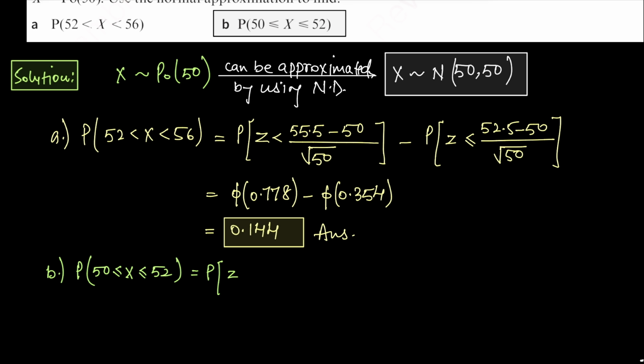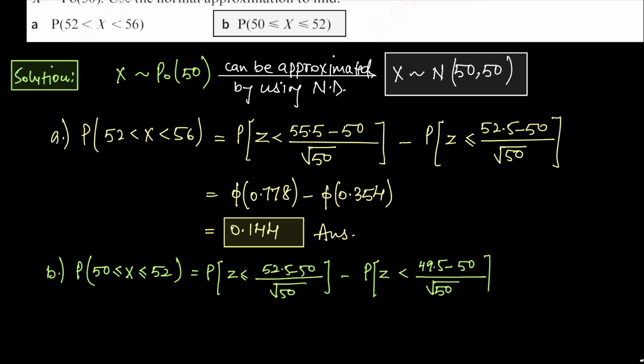So we will say that Z is less than or equal to (52.5 minus 50) over root 50, minus the probability of Z being less than (49.5 minus 50), the complete expression divided by root 50.